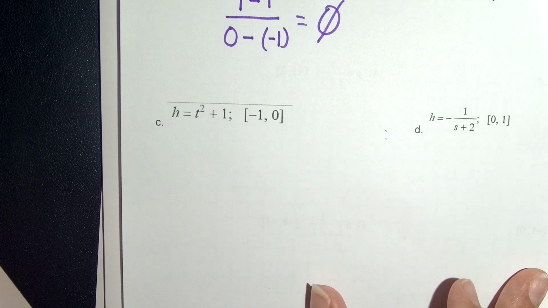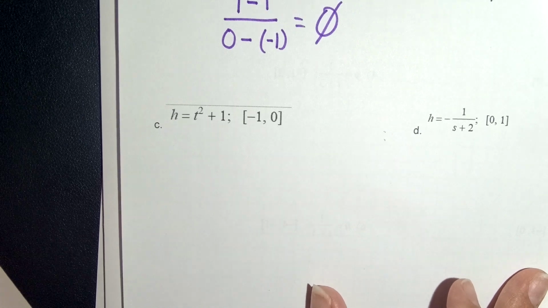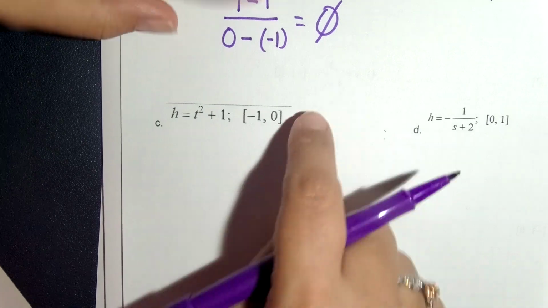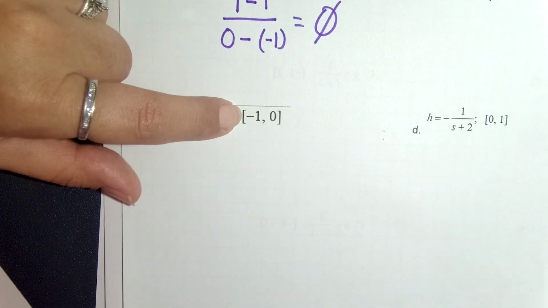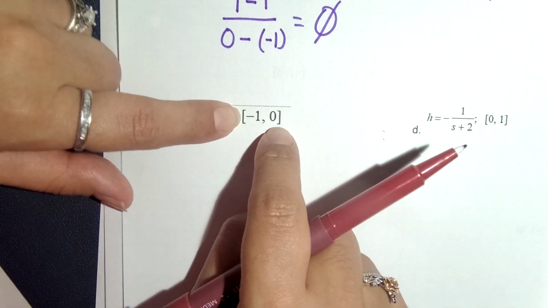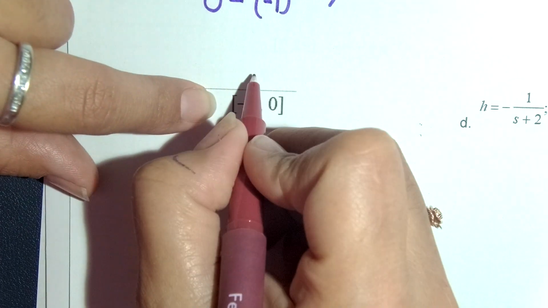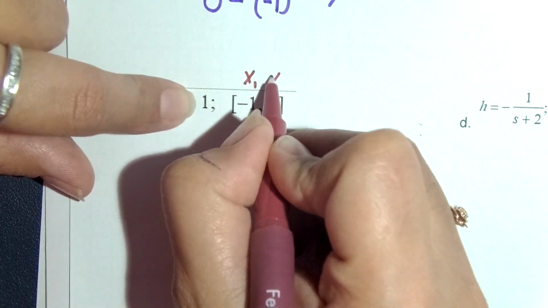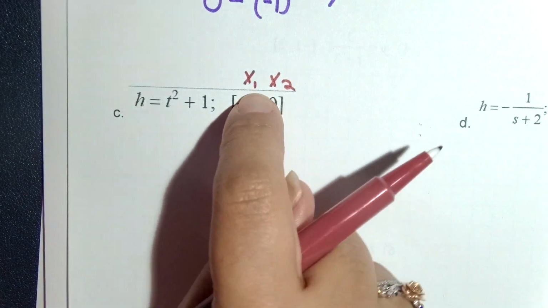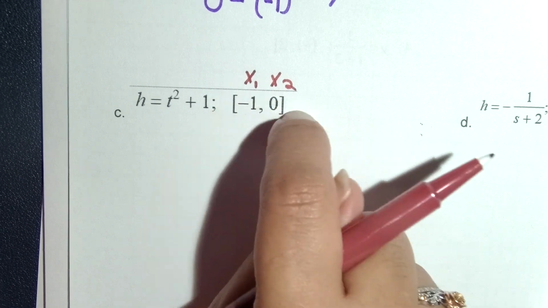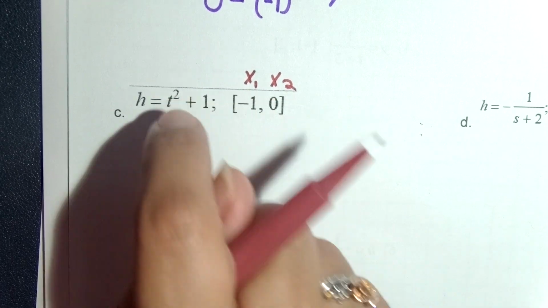So because we have a function, we need to find the y value, the other part of the coordinate. What did we say these were, everyone? Intervals, yes. But what are the values on the inside? X's. So these are x1, as Joaquin was saying, and x2. So I need to substitute each of these separately into the function.